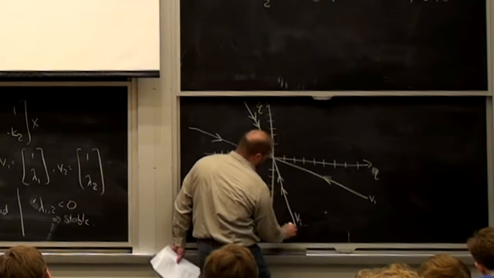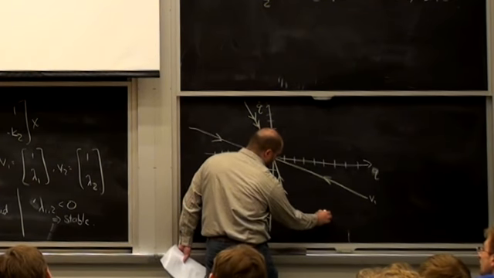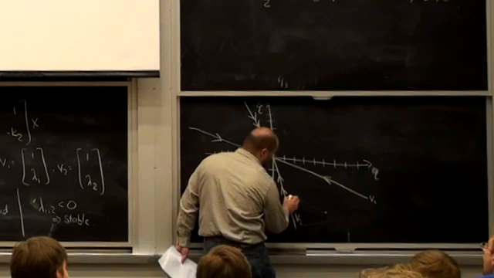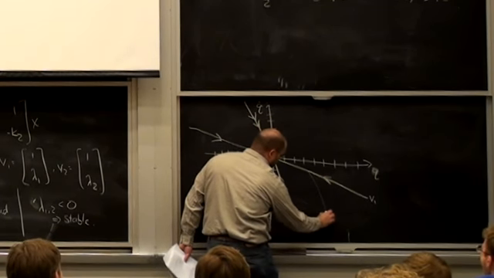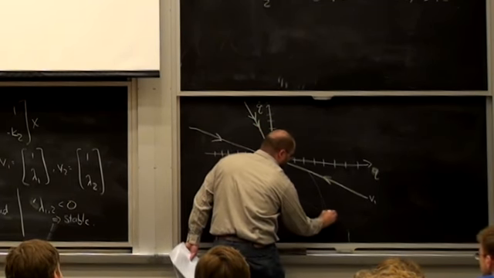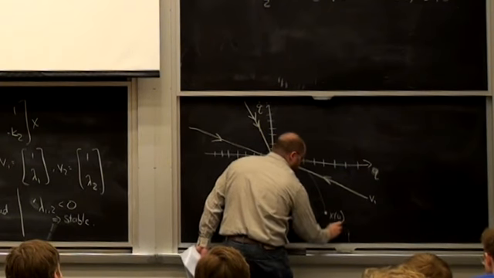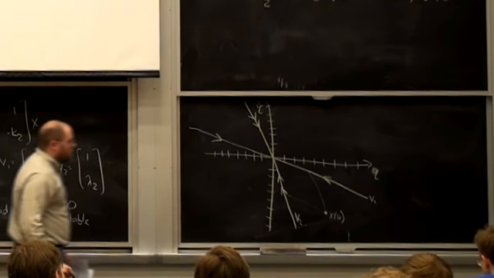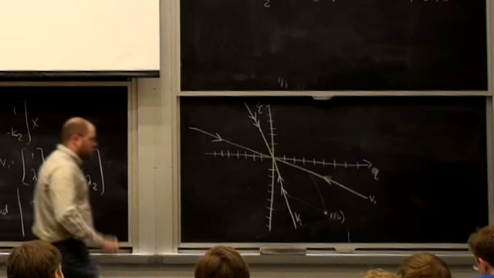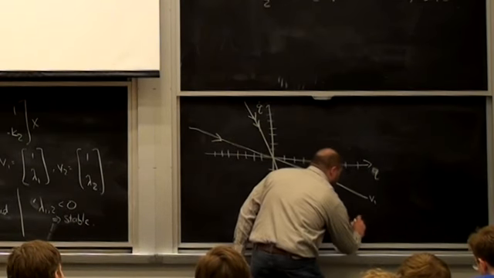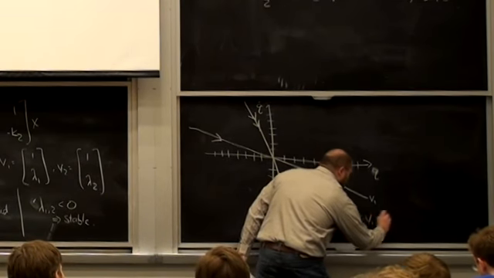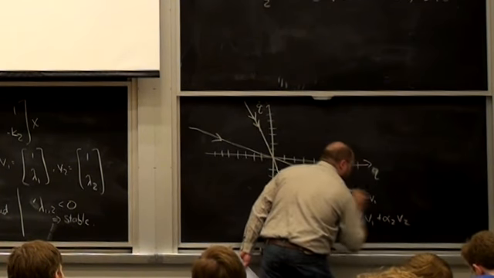Okay, so I'll try to do it. I've got some sort of one component like this and one component like this. This initial condition, if I say this is x0, then x0 is alpha 1 times v1 plus alpha 2 times v2.